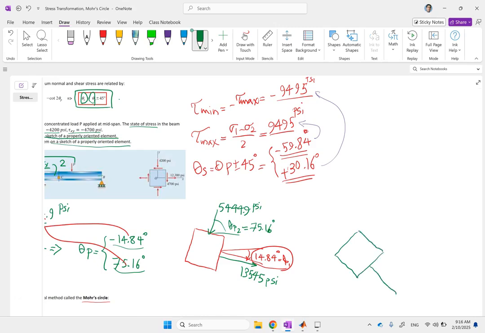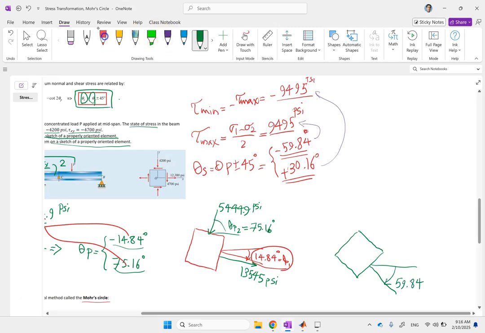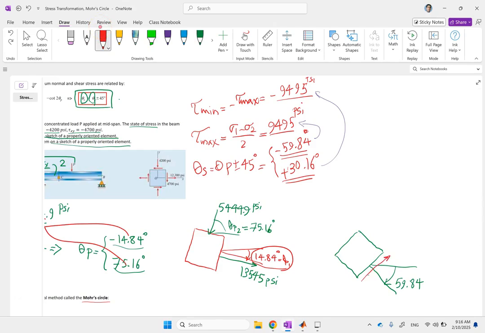And this plane that has this angle of 59 degrees, theta S1, has a positive tau on it. So it is going to be like this. Use a different color, like this one. And this is positive, so it's going to be upward. And the value is 94.95. And on the plane that is 30 degrees, which is this one, the stress is negative, so it is going to go downward like that, and the value is still going to be the same, 94.95.